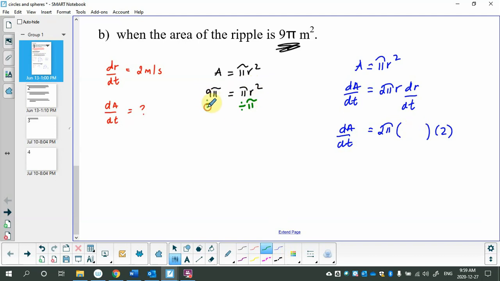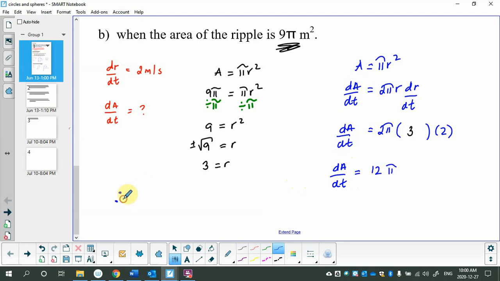So I'm going to divide both sides by pi, and have 9 is equal to R squared. So R is equal to, still practicing the plus minus, even though I know that my only acceptable answer is R is equal to 3, rather than negative 3. And then I can continue the problem. So keep pi. 2 times 3 is 6, times 2 is 12.